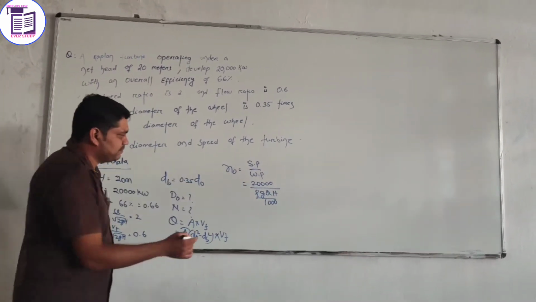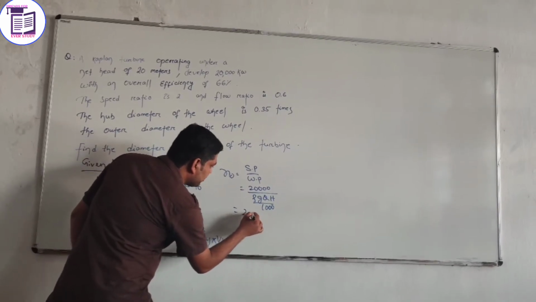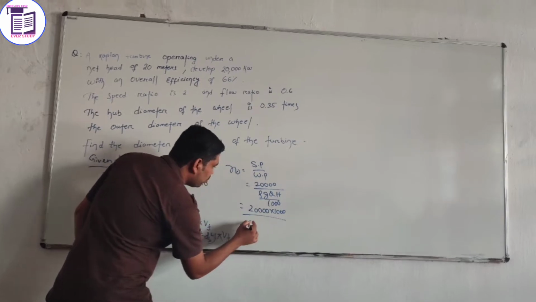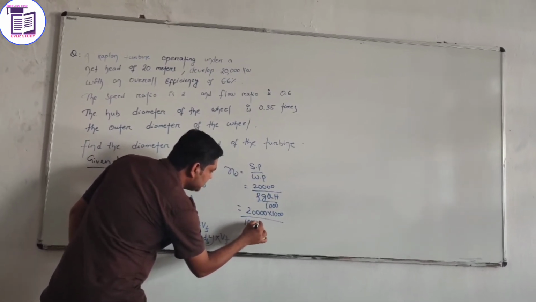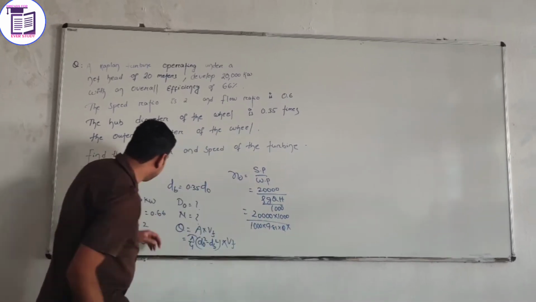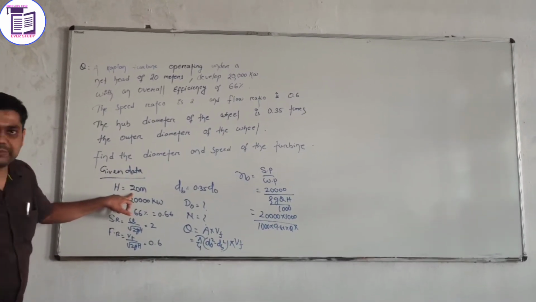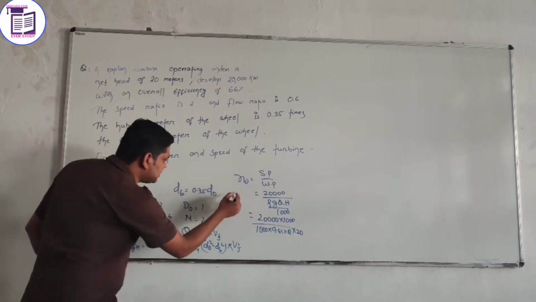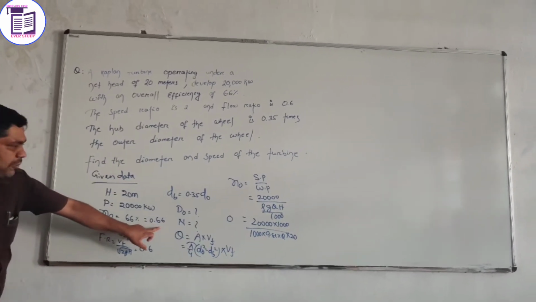Using this relation, 20,000 into 1000 divided by rho, the density of water, which is 1000, g is 9.81, Q is unknown, and H is given from the data, that is 20 meters. The overall efficiency is given, that is 0.66.